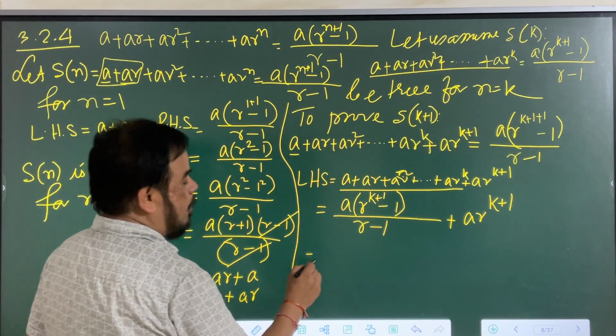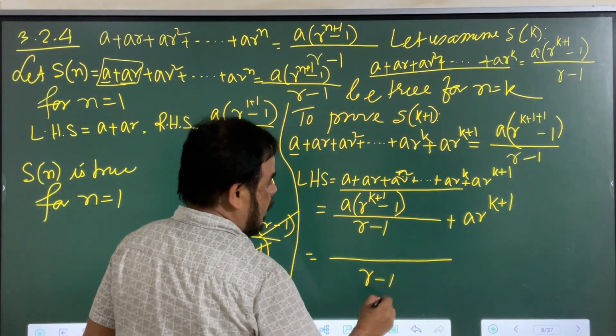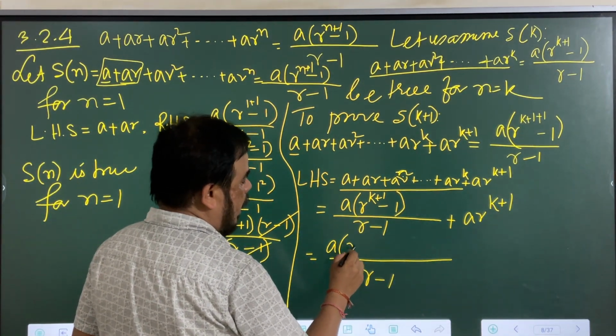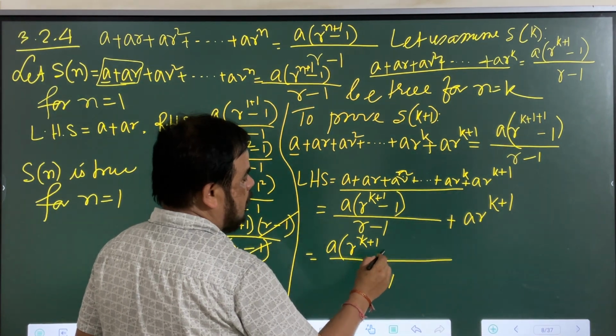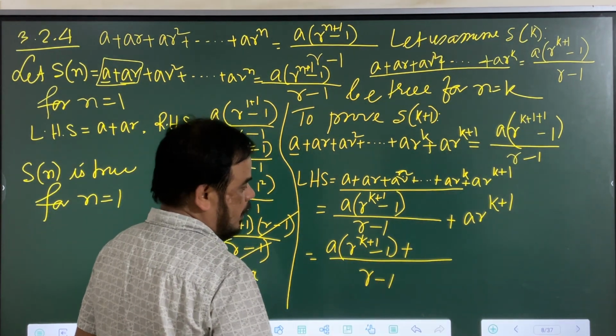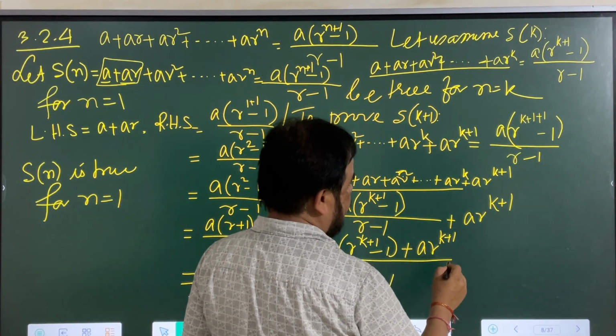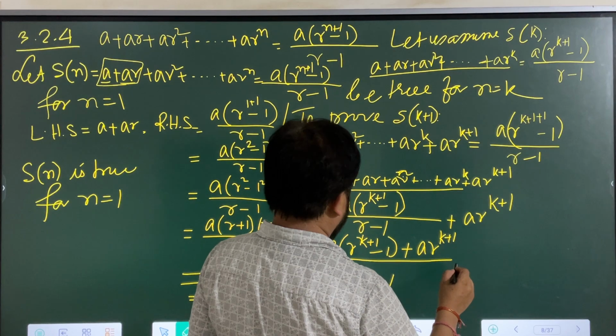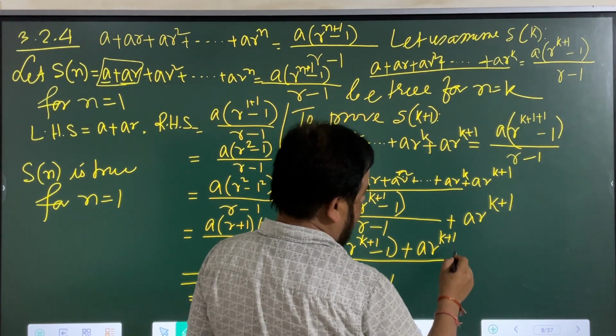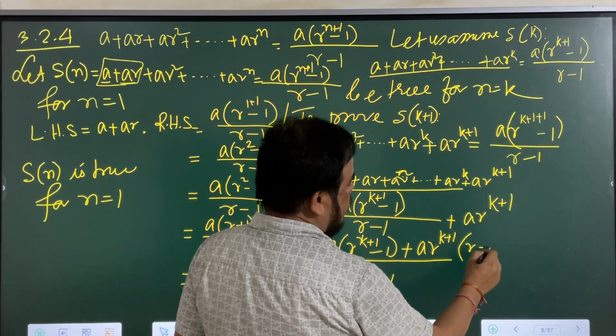Now you will take LCM. R minus 1, A R to the power k plus 1 minus 1 plus AR to the power k plus 1, into R minus 1.